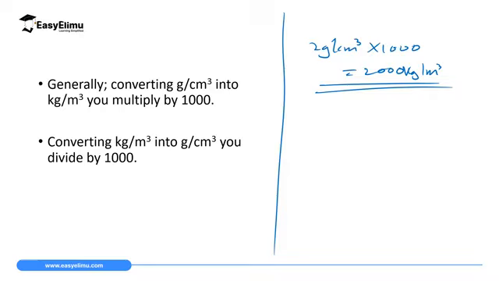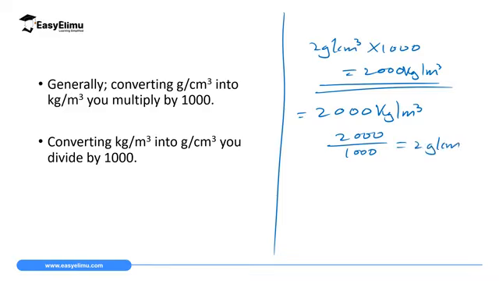Then to convert kg per cubic meter to grams per cubic centimeter, you divide by 1000. Like if I give you 2000 kg per cubic meter and I want you to convert to grams per cubic centimeter, you take your 2000, you divide by 1000, then you will get 2 grams per cubic centimeter.